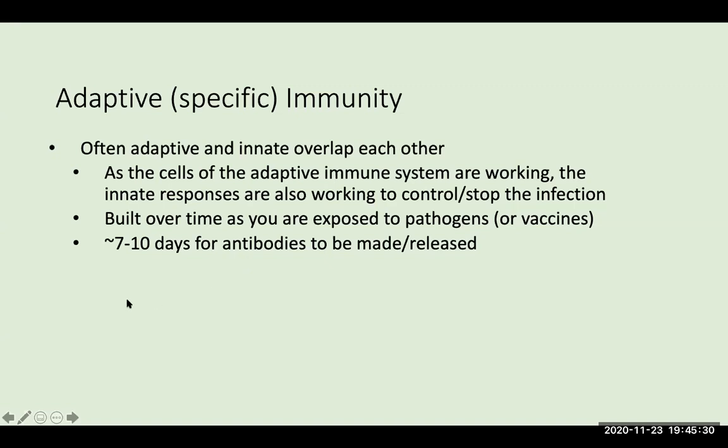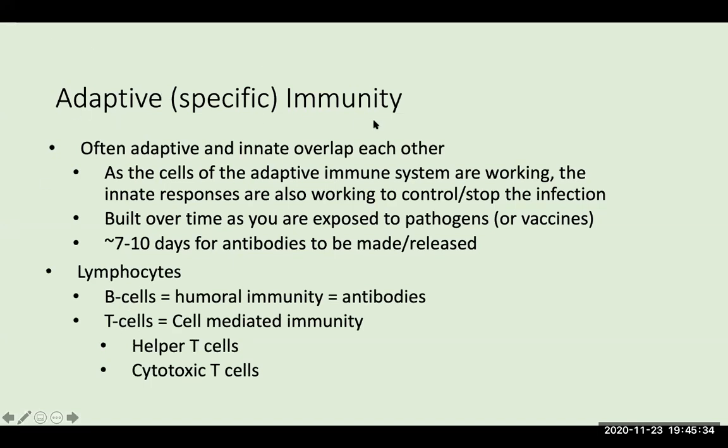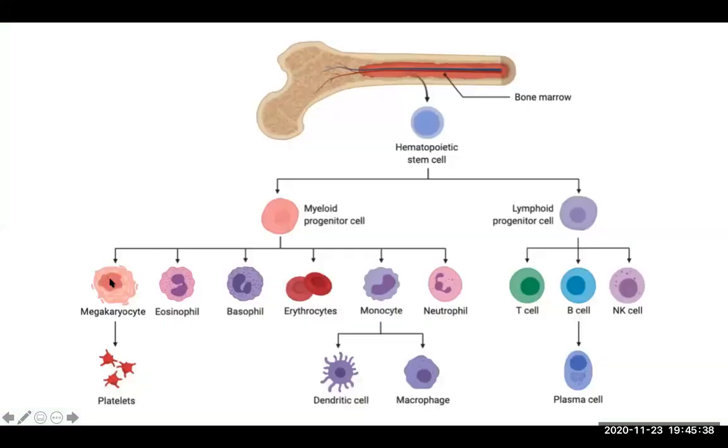Okay, so anyways, when we talk about the adaptive immune system, we are now talking about lymphocytes. So the right side of this image that we looked at earlier, where you have the lymphoid progenitor cell, and that can form T cells, B cells, or natural killer cells. And so these are all lymphatic cells. Okay, B cells can then form plasma cells, which secrete lots of antibodies.